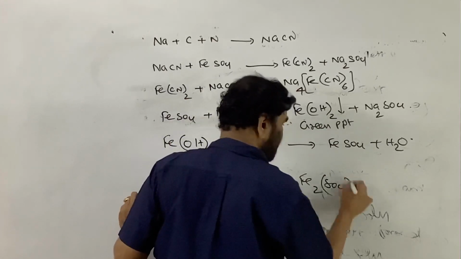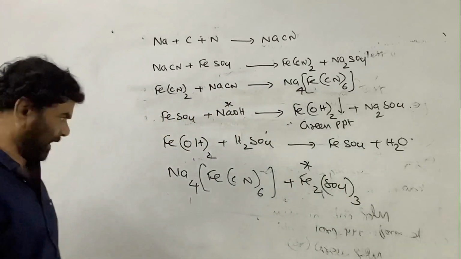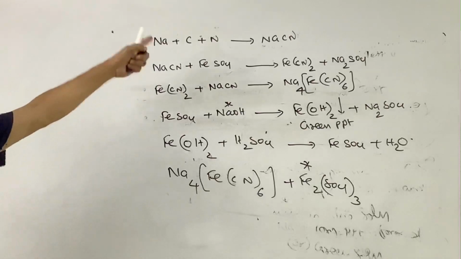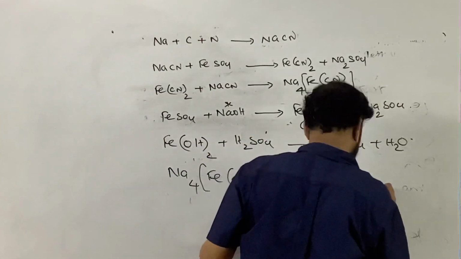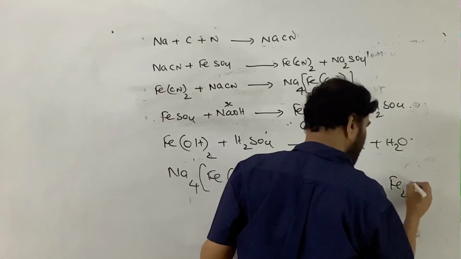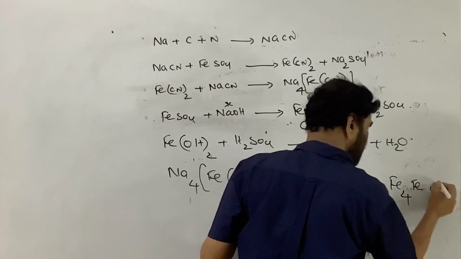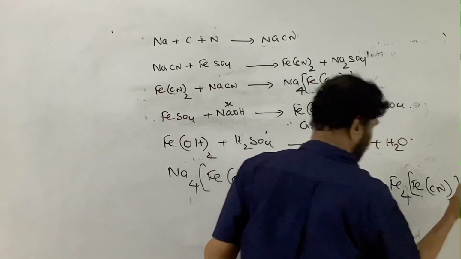Fe2(SO4)3, ferric sulfate. I am taking the ferric sulfate, a new substance, and the ferric ion is converted into Fe4[Fe(CN)6]3.